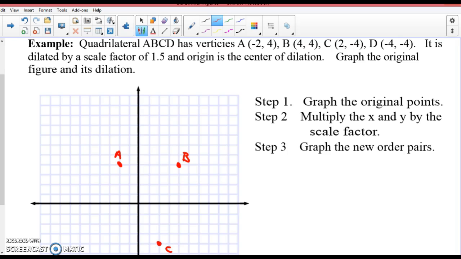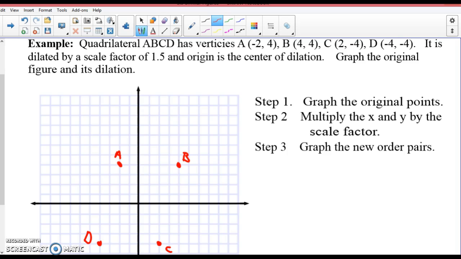And D is at negative 4, negative 4. It's dilated by a scale factor of 1.5. I'm sorry, the origin is the center of dilation. Graph the original figure and its dilation.